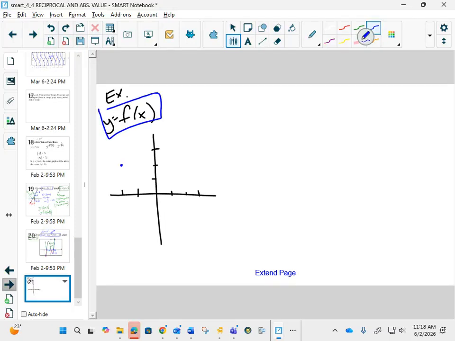It goes from here to here, down to here. And this is 1, 2, 3, 1, 2. There's our blue graph. I'm happy with this. Okay.